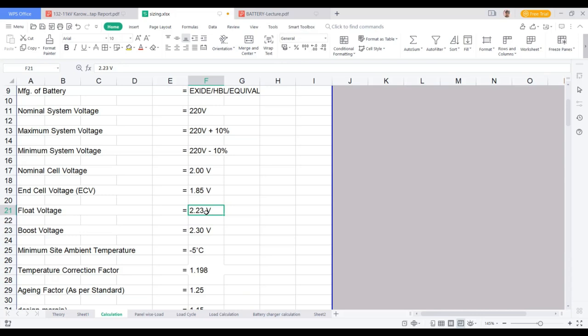It's like a trickle charging condition. And the boost voltage is a voltage we apply to the cell if the battery was drained, suppose by 50%, and I want to charge the battery fast. So that's boost charging voltage.